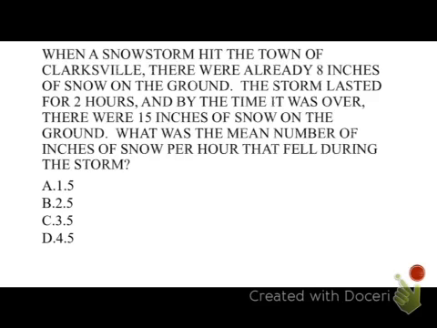By the time that the storm hit, there were already 8 inches of snow on the ground. After the 2 hours, there were 15 inches of snow on the ground.